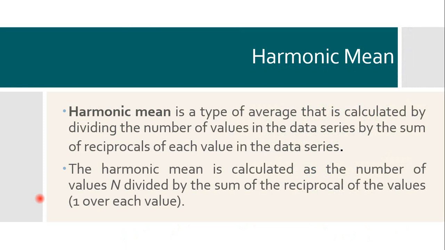The harmonic mean is calculated as the number of values n divided by the sum of the reciprocals of the values, or we can say 1 over each value. The formula looks simple, but not exactly as simple, is it? You're supposed to have a sample.